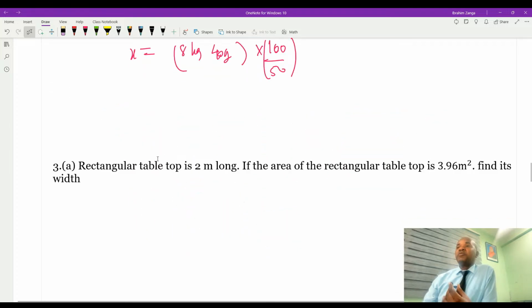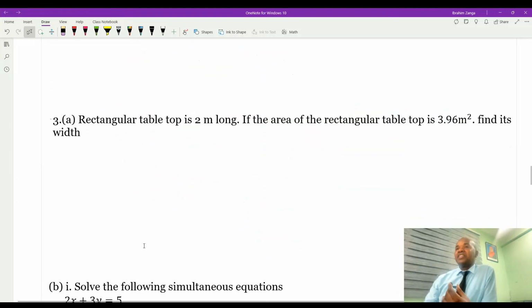And I'm going to jump to question number 3, the last question in our session. Rectangular tabletop is 2 meter long. If the area of the rectangular tabletop is 3.960 meters square, find its width.